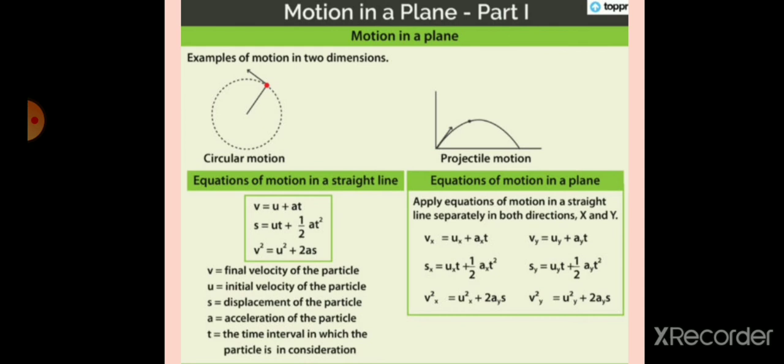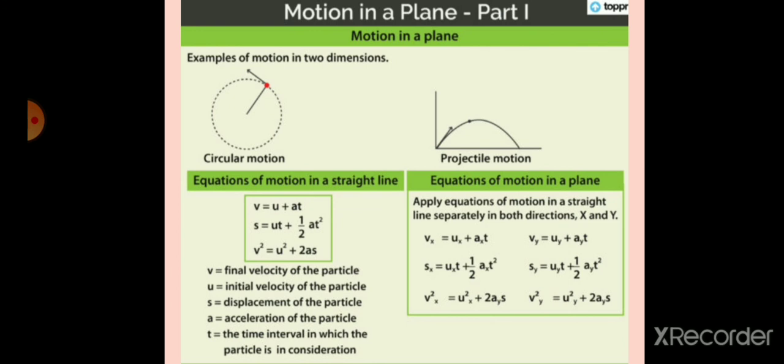So the equations of motion for an object moving in a plane are given as Vx is equivalent to ux plus axt, Vy is equivalent to uy plus ayt. Sx is equivalent to uxt plus half axt square and Sy is equivalent to uyt plus half ayt square.